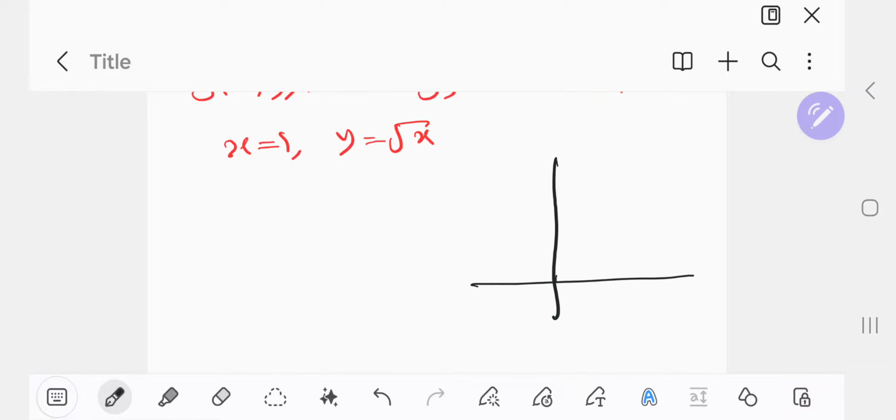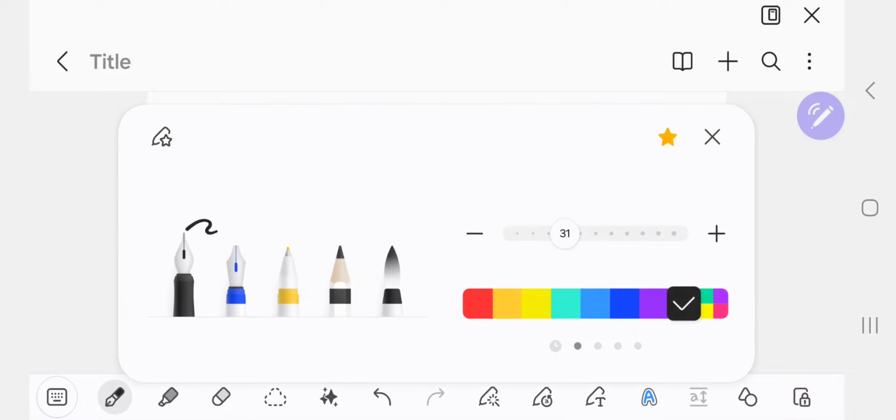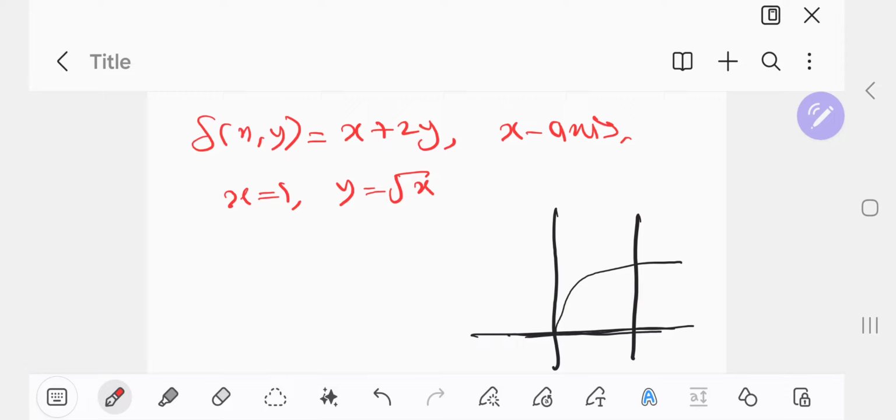Y equal to root x, then x equal to 1, then this x-axis. Okay, the region in between them is the lamina.